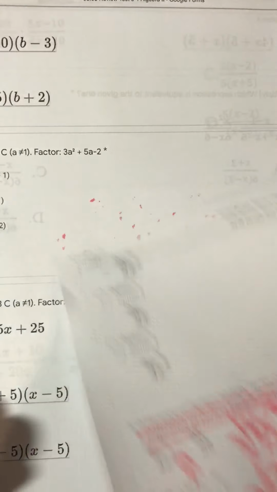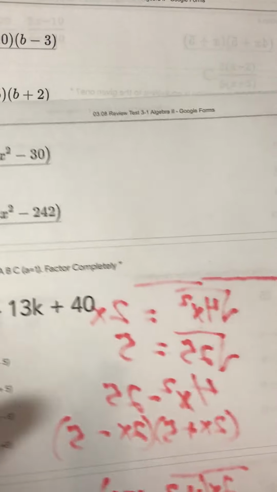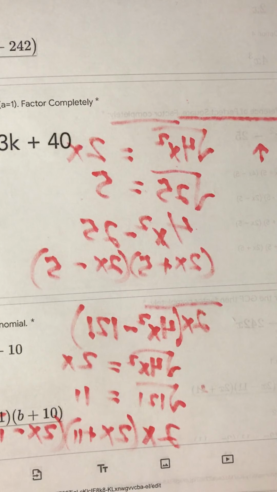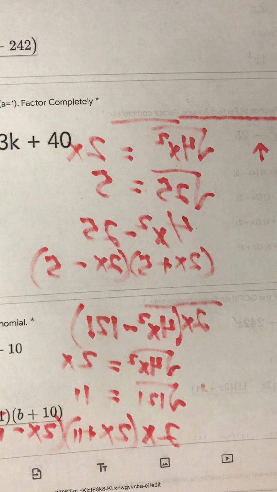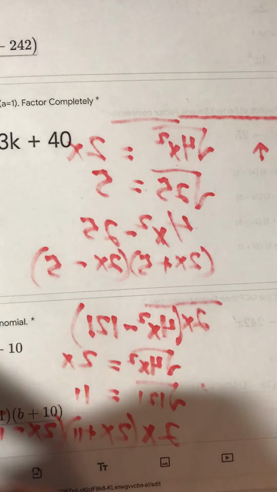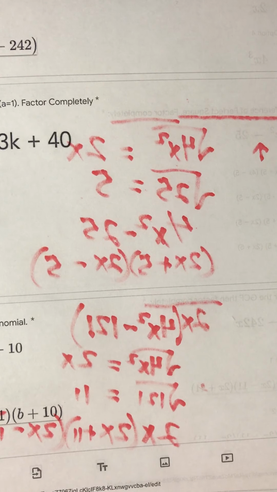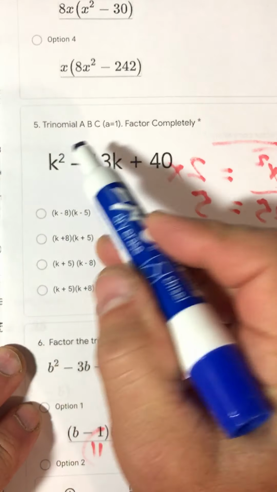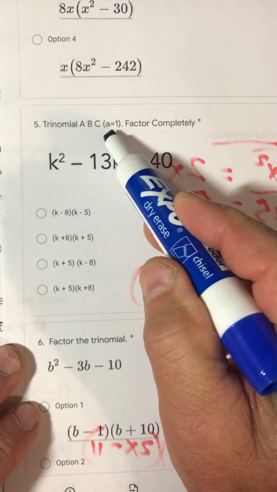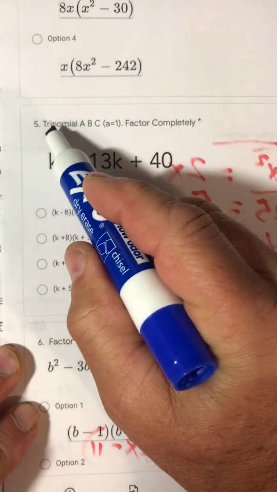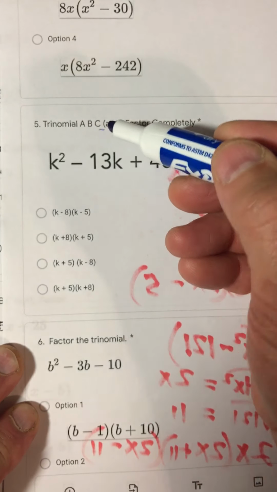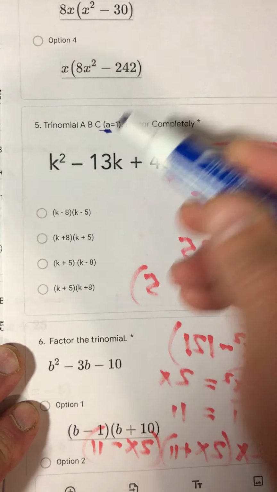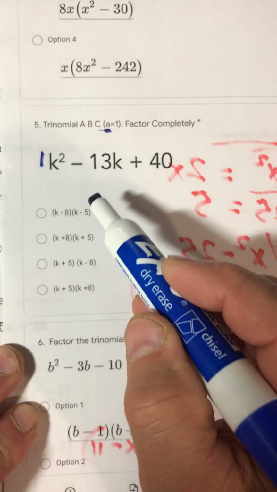Number 5. Okay, so number 5, this trinomial, and this says here, a factor of the trinomial ABC. This A is this coefficient, okay?